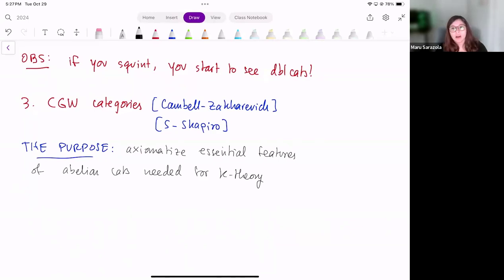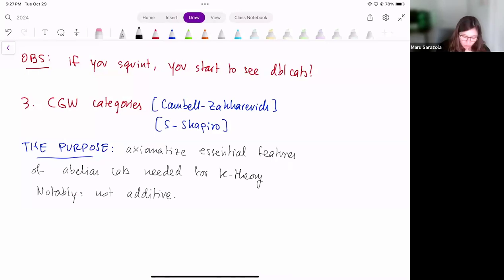And importantly, something that we didn't mention at all beyond the existence of a zero was the underlying additive structure. It turns out that you don't really need an additive framework, and that allows you to have tons of other examples. So notably, these are not going to be additive.